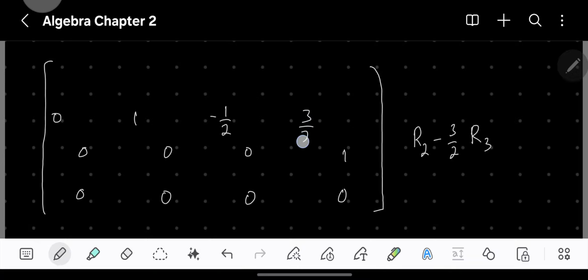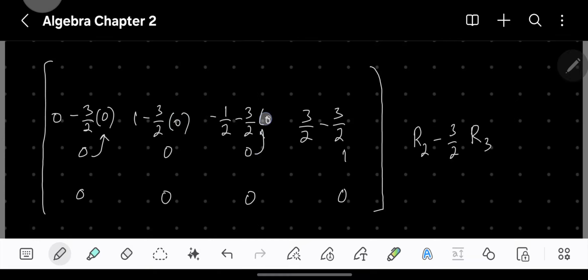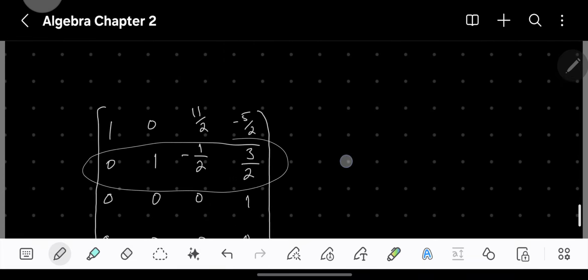Minus 3 by 2 everywhere times R3. R3 here is this, R3 here is 1. Perfect.